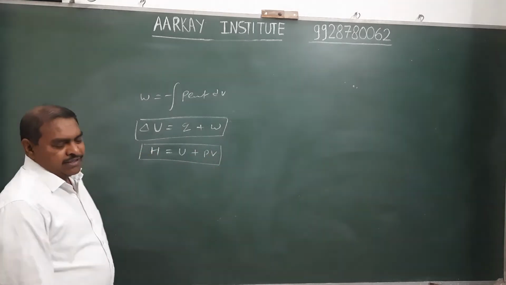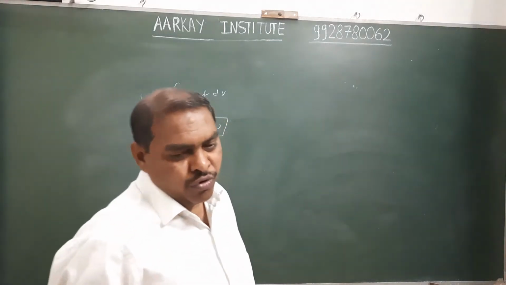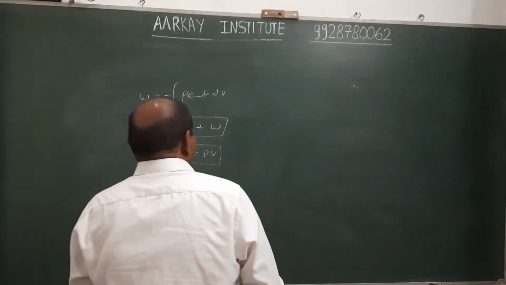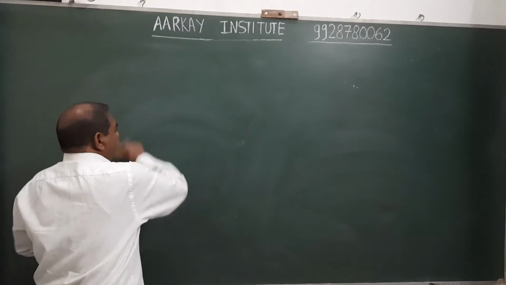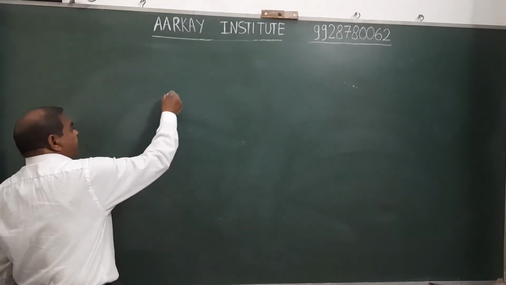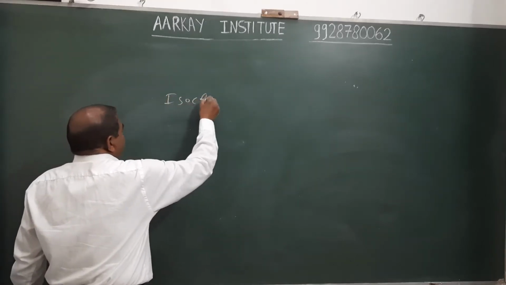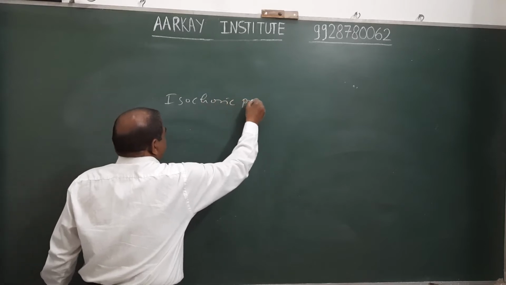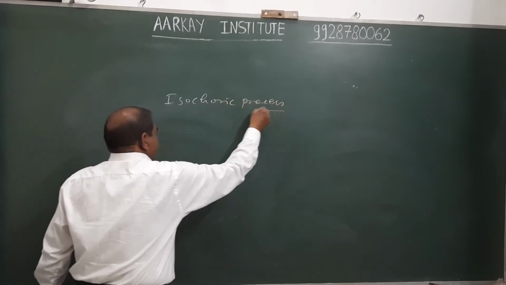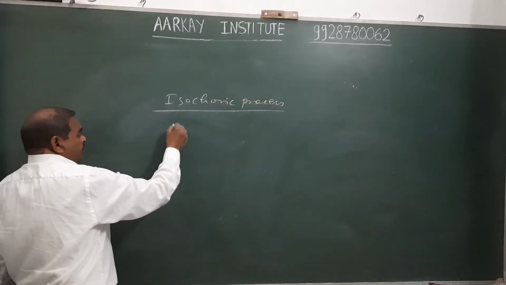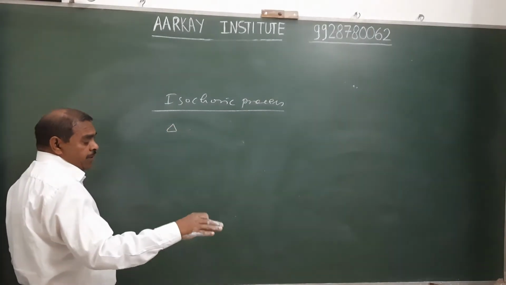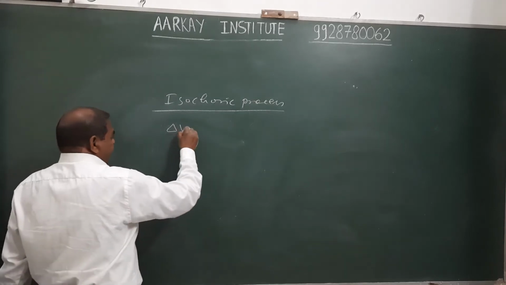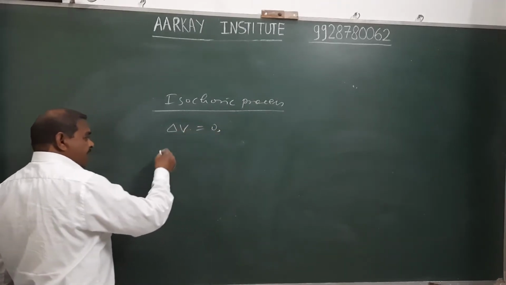Today we discuss these parameters in isochoric process. Isochoric process means the volume of gas or system remains constant throughout the changes, and hence delta V is zero.